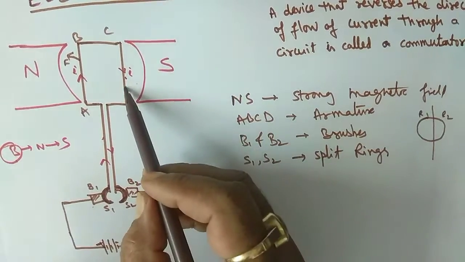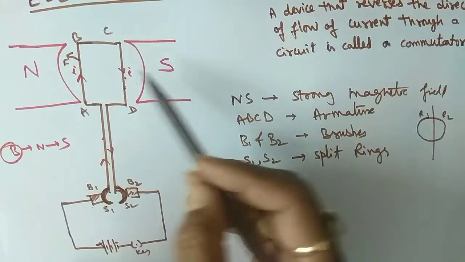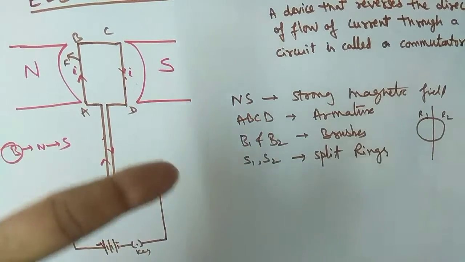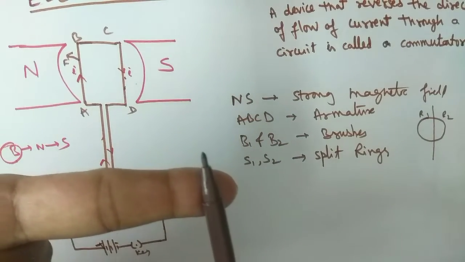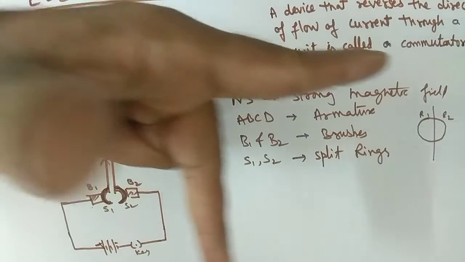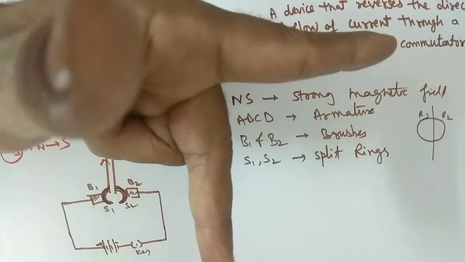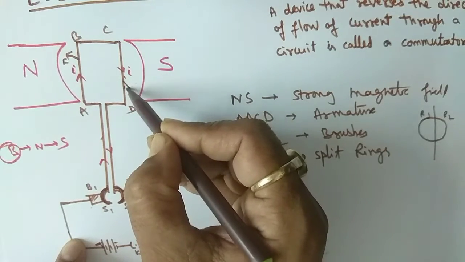Now come to this arm. Here the magnetic field is N to S, and this is the direction of the current. So the magnetic force is in the upward direction.